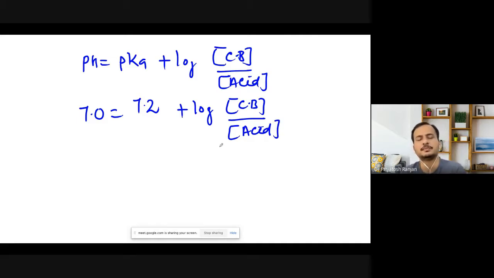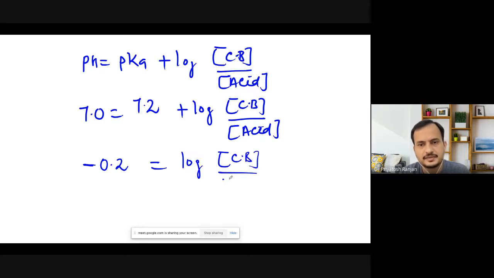What I will do is simplify this equation by calculating the ratio of the concentration of conjugate base and the concentration of acid. So let me rewrite this equation: 7 minus 7.2, I'm going to get minus 0.2 equal to log of the concentration of conjugate base by the concentration of acid.